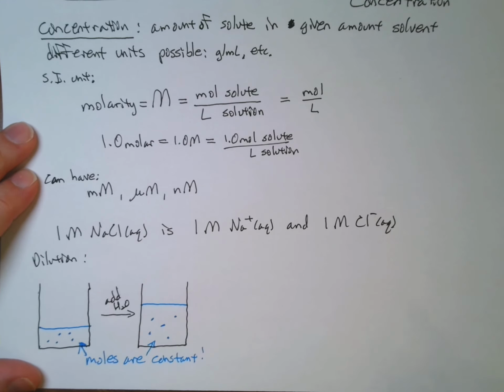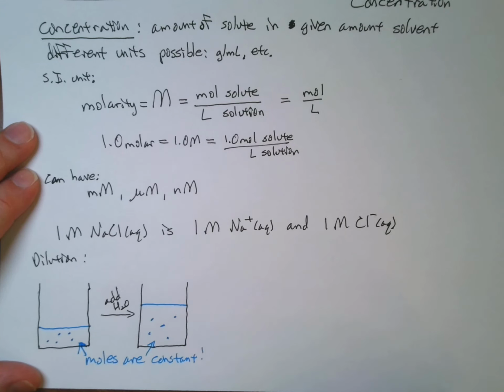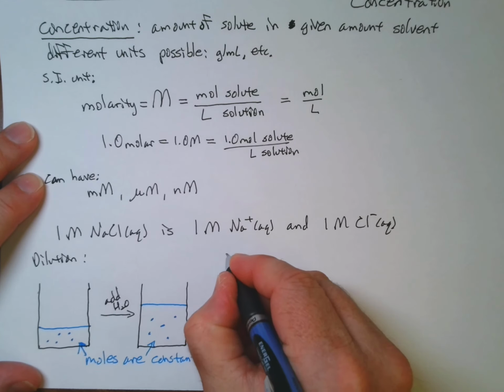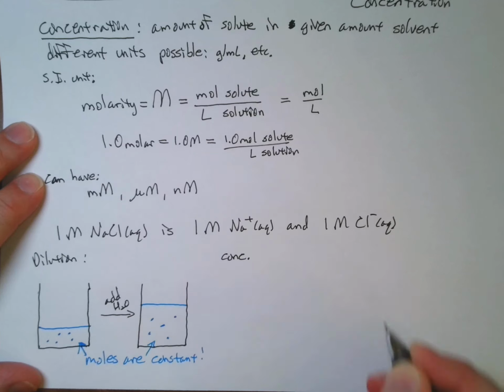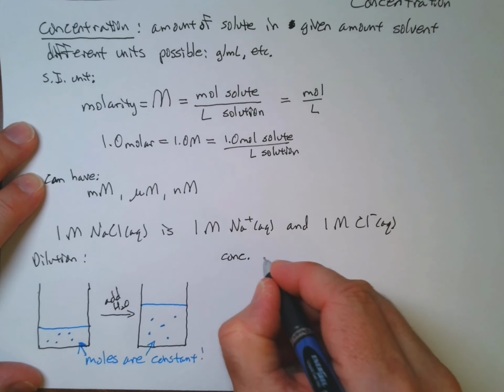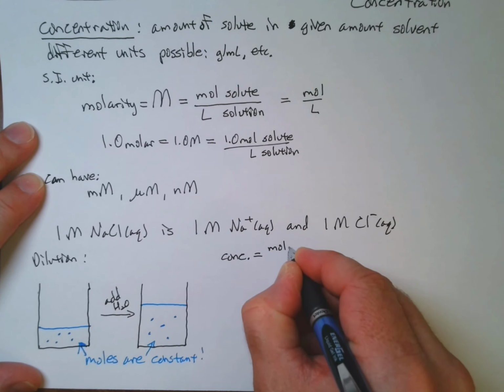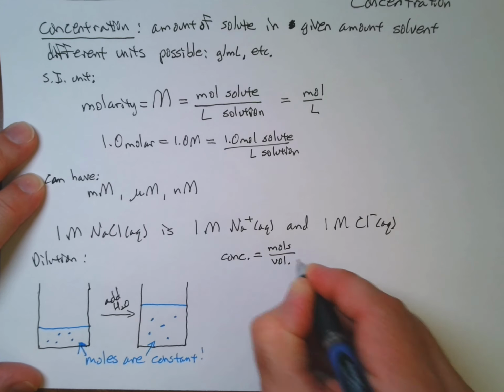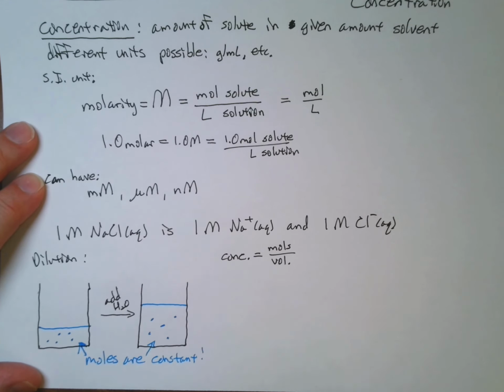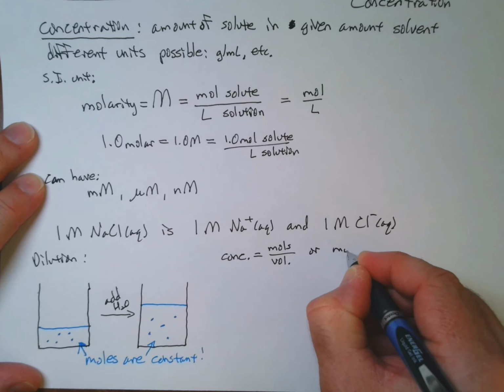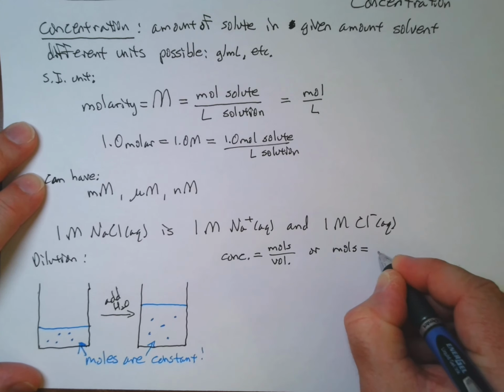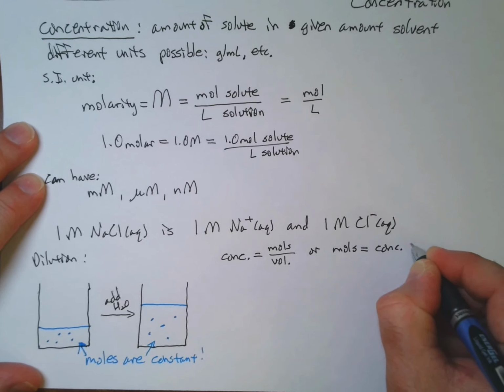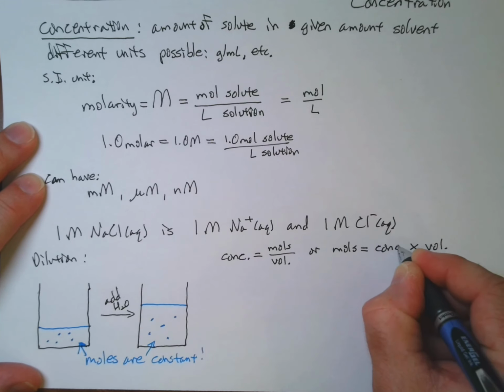When we add more solvent to dilute a solution, we don't change the number of moles, we just change the volume. Now if our moles stay the same but our volume changes, our concentration has to change. So we know that concentration, which I will abbreviate CONC, is moles per volume, or our moles equals concentration times volume.